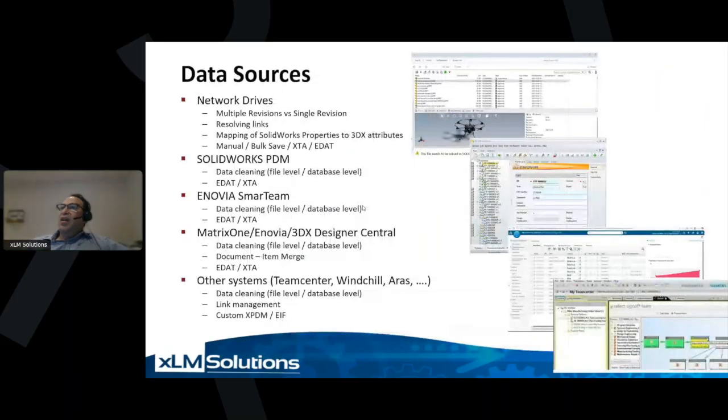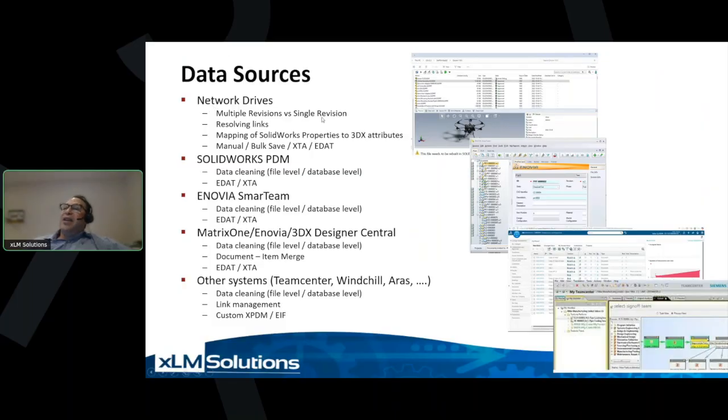All right, so let's talk about some data sources, where data is coming from, and how they get into the platform. Again, the simplest is network drives. You have files on a network folder, and you want to load them to the platform. I list here some considerations, and then how you can load that data.